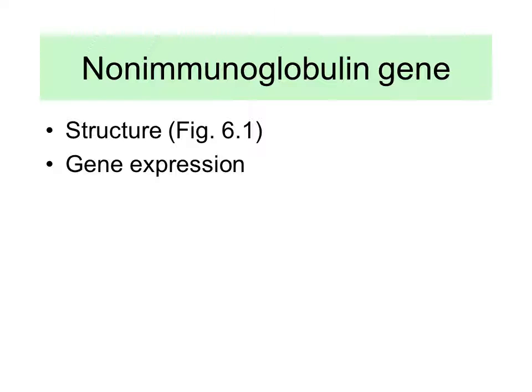Now remember, the human genome, that is the DNA that we inherit, has now been sequenced and is probably considered to have somewhere about 20 to 25,000 genes.